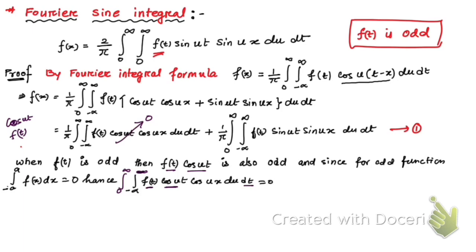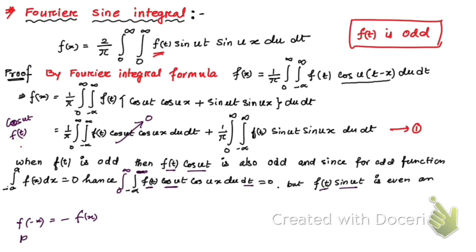So now you see, but f of t sine ut, that is even, right? Because f of t is odd, and this sine function is also odd. If we have both of them odd functions, then their product is going to be an even function. As I have already explained, if f of minus x is equal to minus f of x, then f of x is odd.